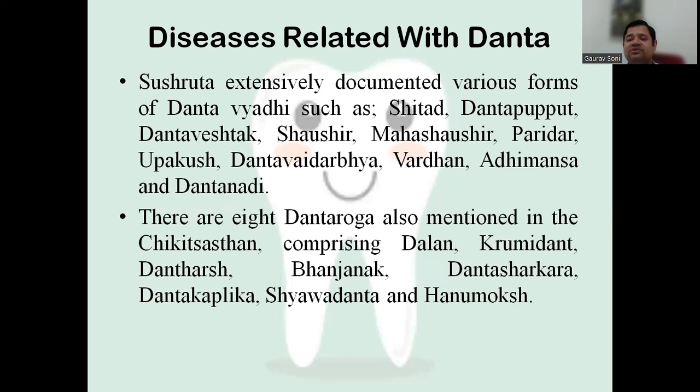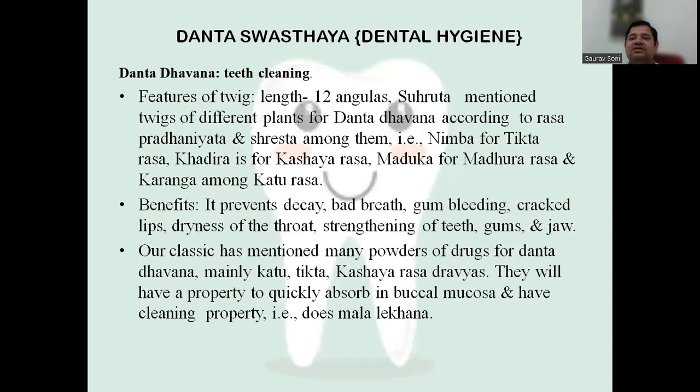And then there are some Danta Roga. In the Chikitsa Sthana there are Dalana, Krimidanta, Danta Harsha, Bhanjanaka, Danta Sharkara, Kapalika, and a certain number of Dantamoolagata diseases as well as Danta Roga diseases described in the Nidana Sthana, Mukha Roga, Sushruta Sharir, Sushruta Samhita.